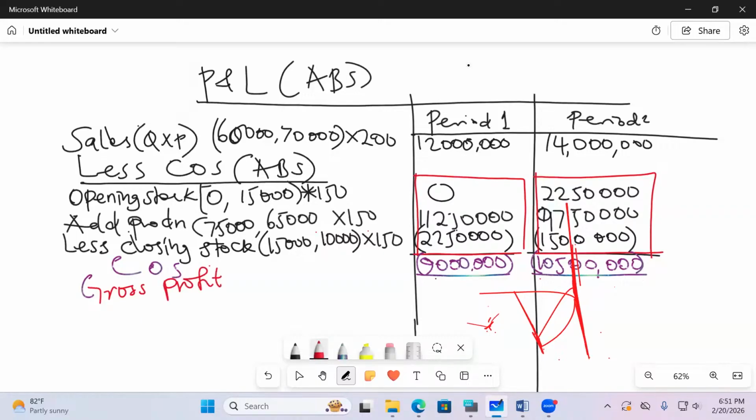Gross profit is 12 million minus 9 million, 3 million. And then we have in this case here 14 million minus 10.5 million, 3.5 million.